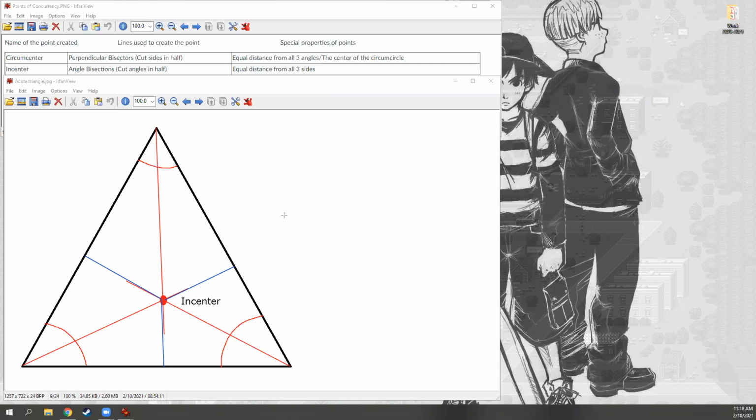So really all you need to look for is, are the angles bisected? Are they cut in half? They can show that in two ways. They can have one arc with two notches saying this angle is equal to that one.